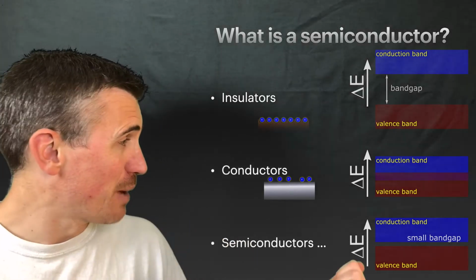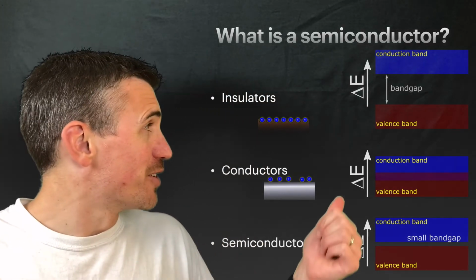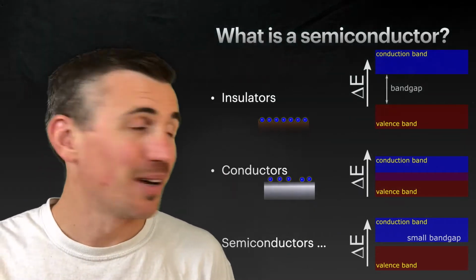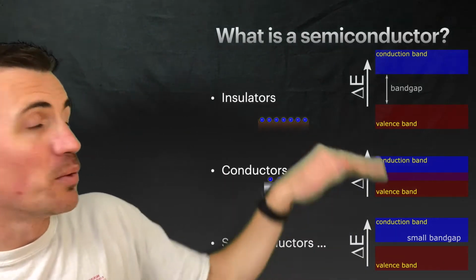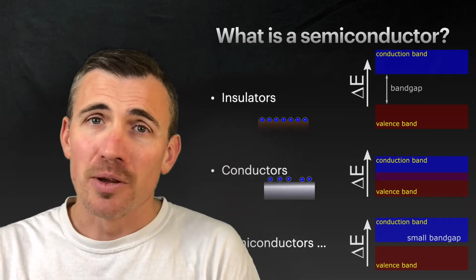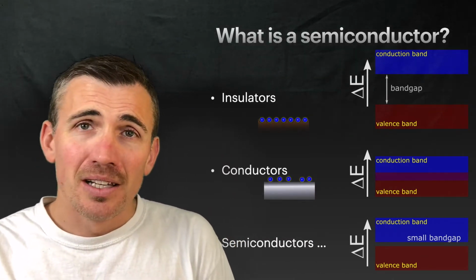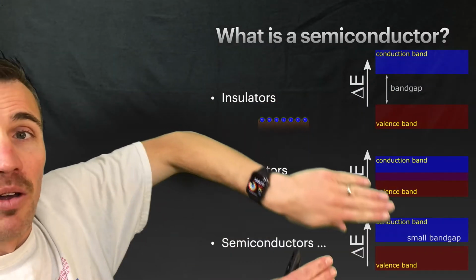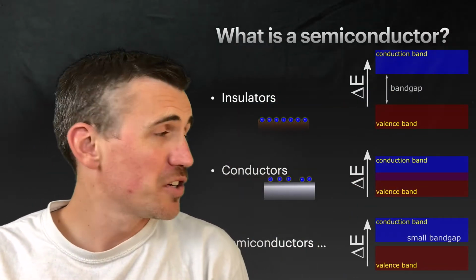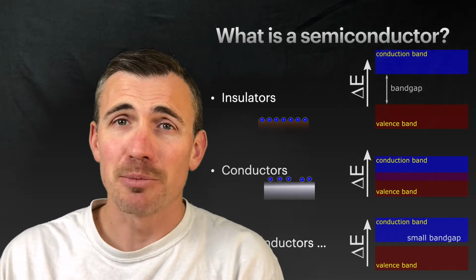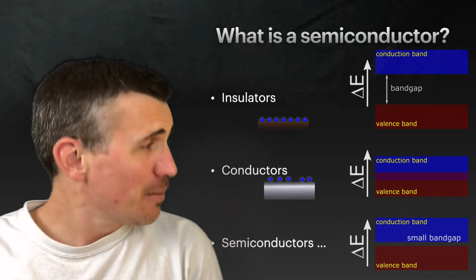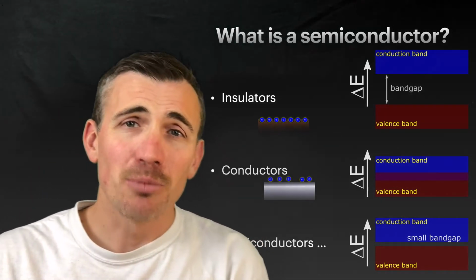If we see this, there's a band gap, a gap of energies rather, between where the electrons currently are and where they need to be to conduct. In a conductor, in fact, the band gap is not only small, it's vanished. So the electrons already have enough energy to zip around here. And in a semiconductor, it turns out that band gap is just very small.